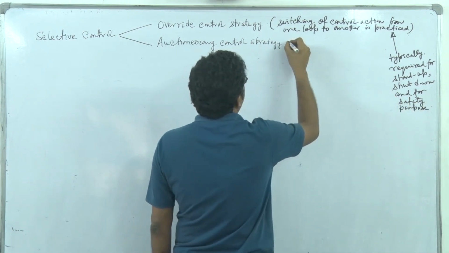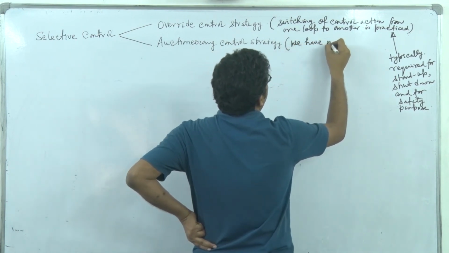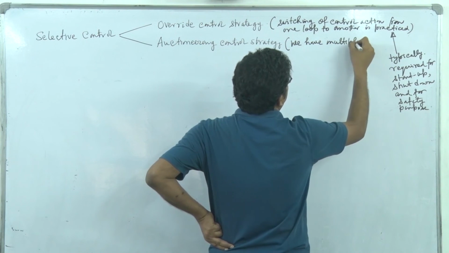Next, auctioneering control, where we have multiple measurements.